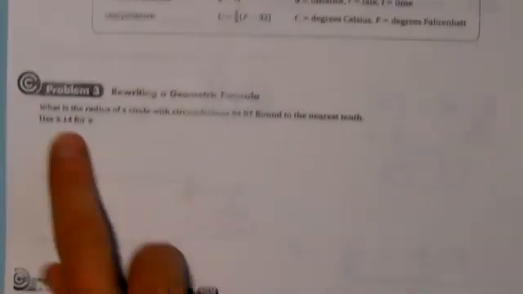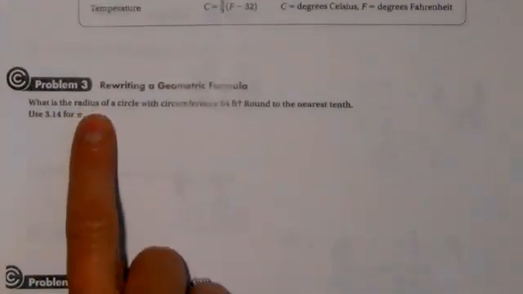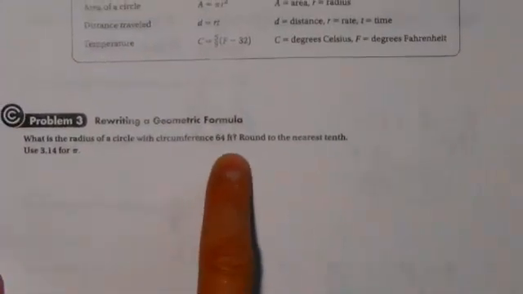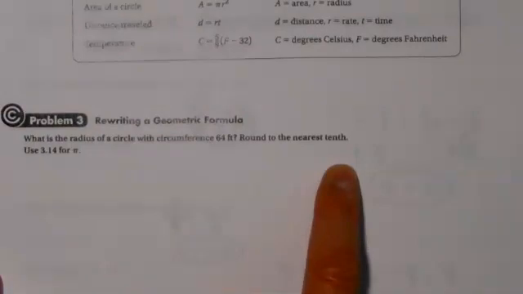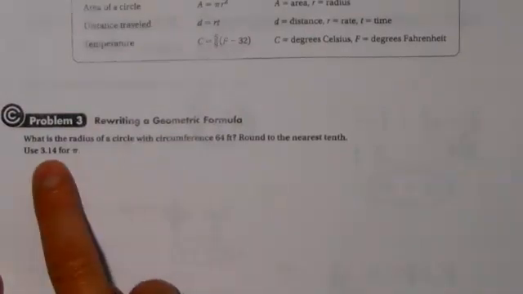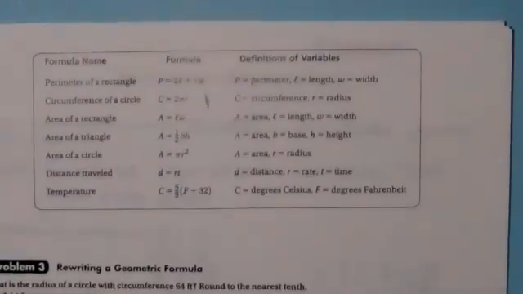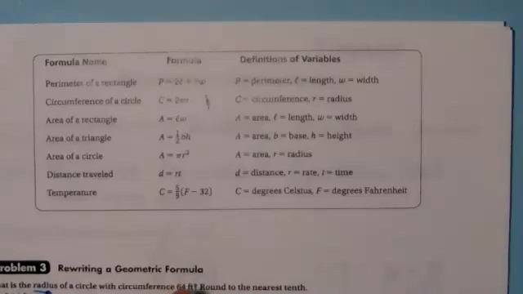So it says, what is the radius of a circle with the circumference of 64 feet? Round to the nearest tenth. Use 3.14 for pi. Okay, so what your job is to go, okay, I'm trying to find the radius and I have circumference.